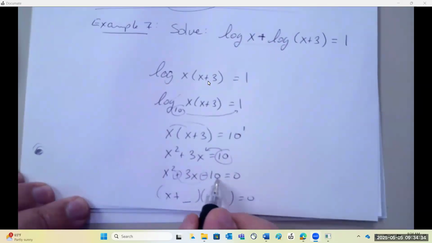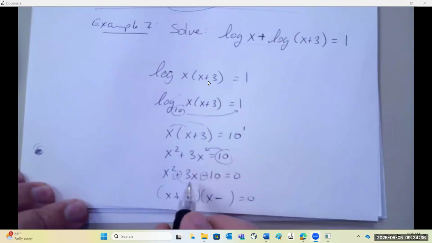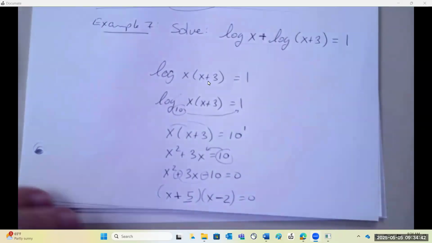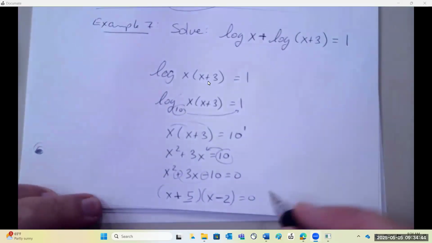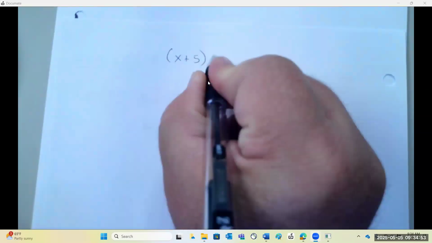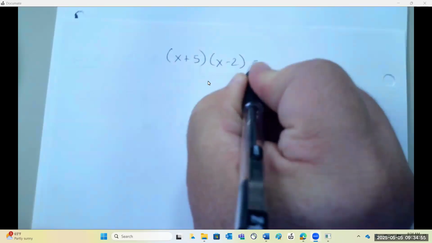What times what is 10, and when you subtract them you get 3? 5 and 2. And the 5 goes with the plus. So we have (x plus 5)(x minus 2).